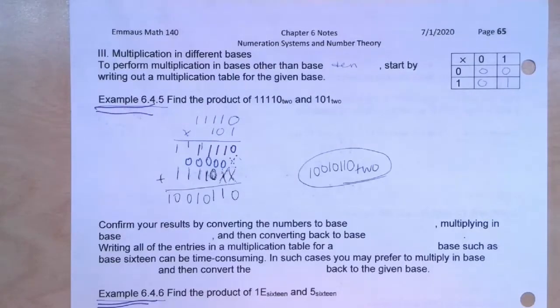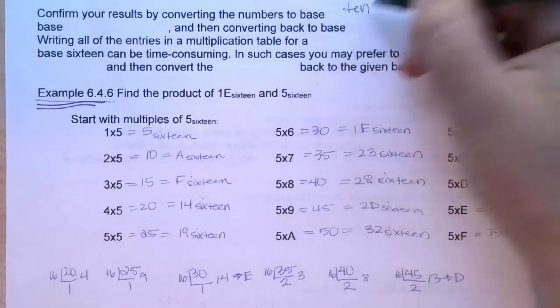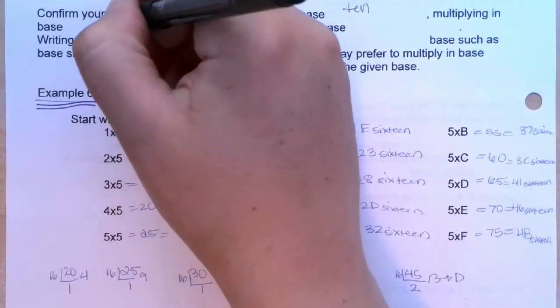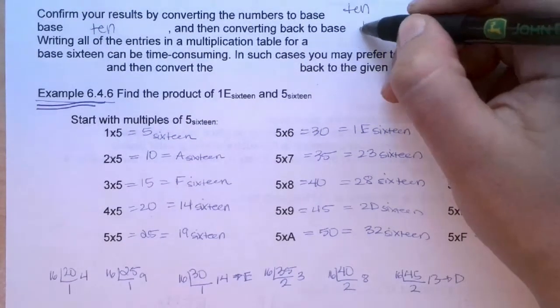So it's a little bit different, and I know it does get hard to keep track of everything with all the zeros and the carrying. So again, here it's helpful to have that addition chart out as well. You can confirm your results by converting the numbers to base 10, multiplying in base 10, so it would be your normal arithmetic, and then converting it back to base 2.